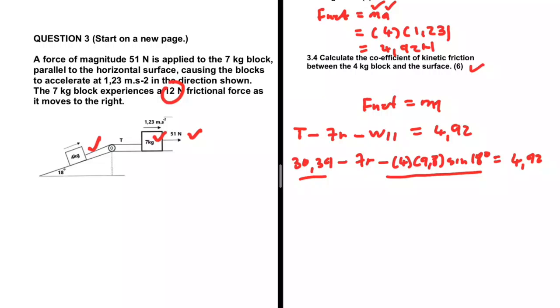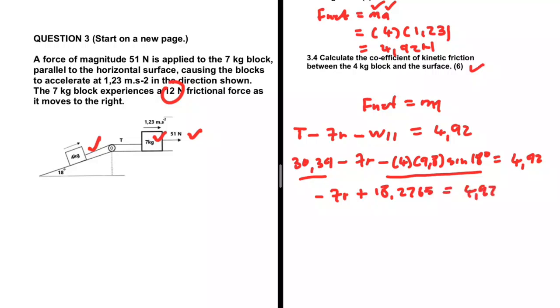Let me put that in my calculator. 4 multiplied by 9.8 sine of 18 degrees. I have minus frictional force plus 18.2765 equals 4.92.